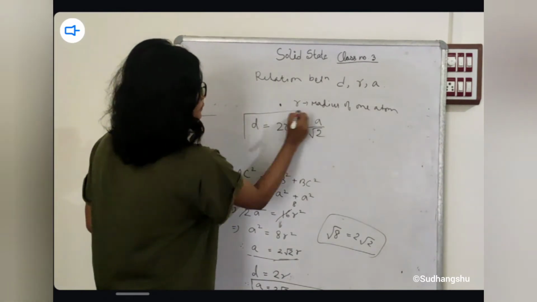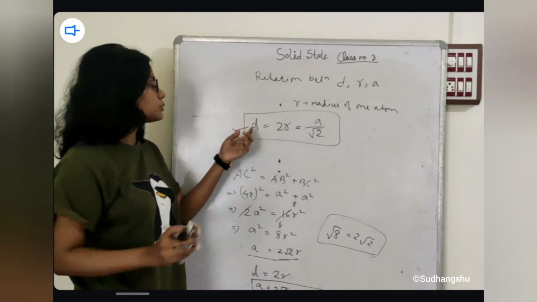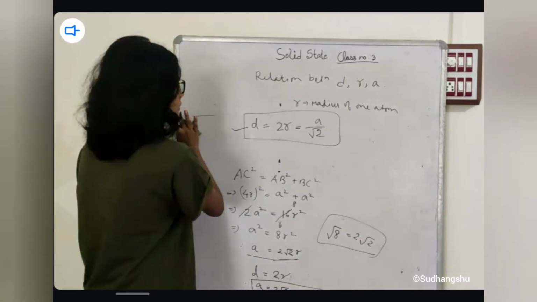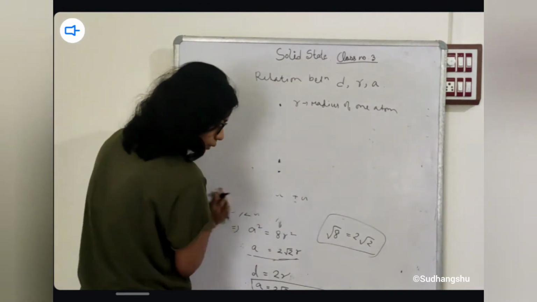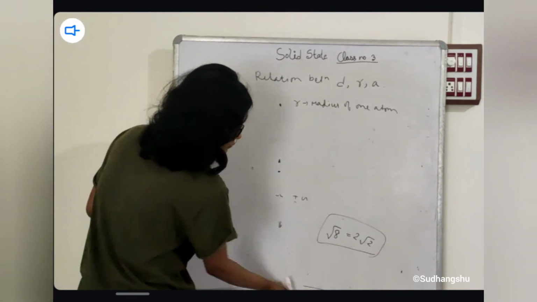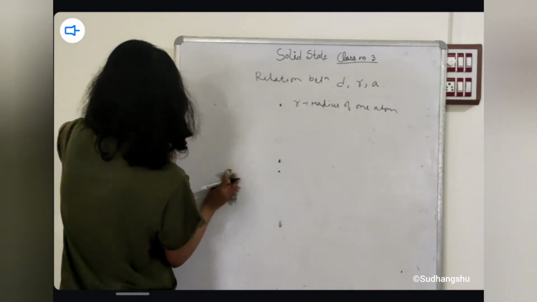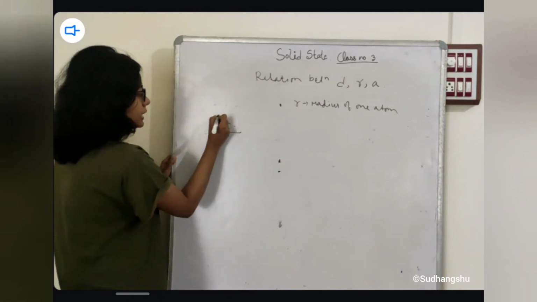So in the book you will find like this. So distance between two neighbors is equal to 2r, which is a by root 2, edge length by root 2. So this is for face centered. Now coming to body centered. Now it is for body centered.